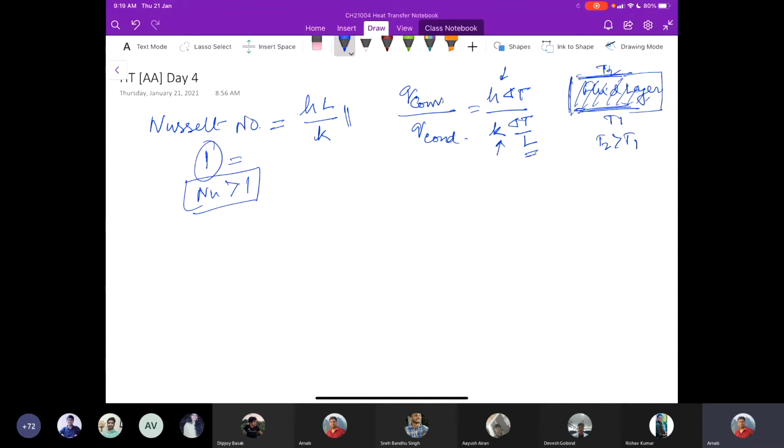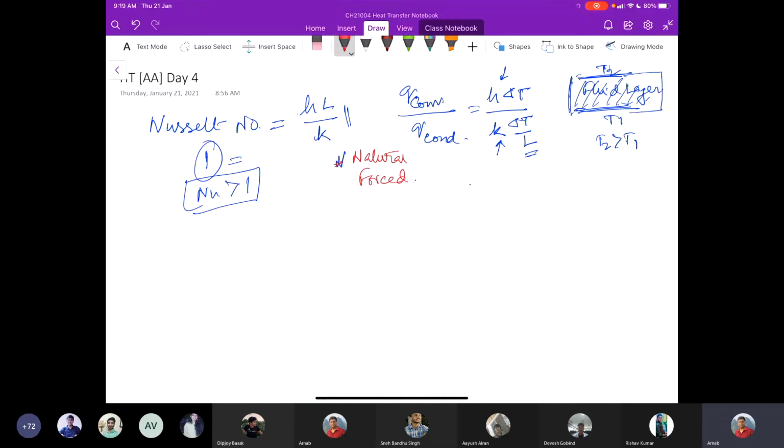Okay. So the terminology that I introduced earlier, in fact, is that one is natural convection, the other one is forced convection. Forced convection examples: we stir our coffee or tea sometimes to make it colder, or we blow some air on top of a hot surface to make it cool.